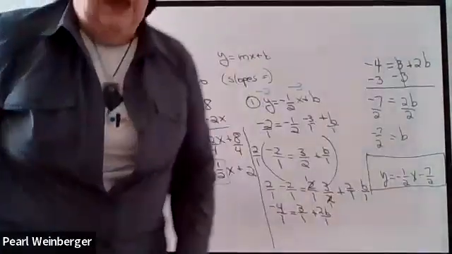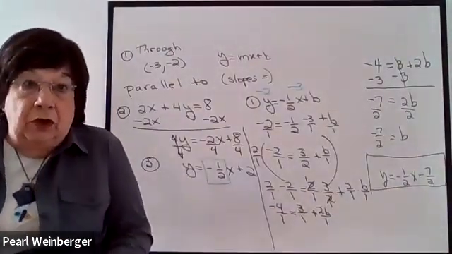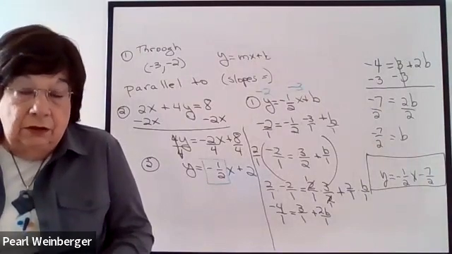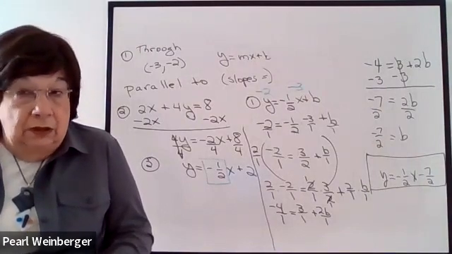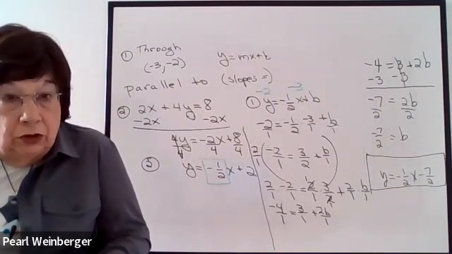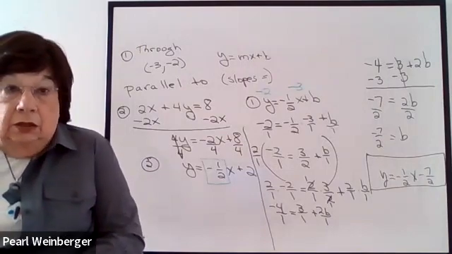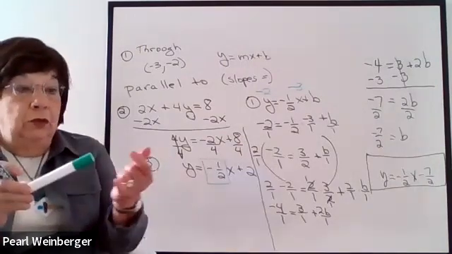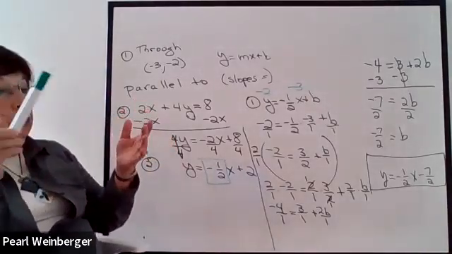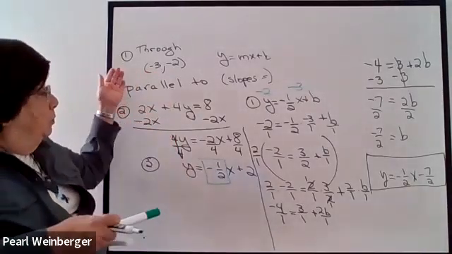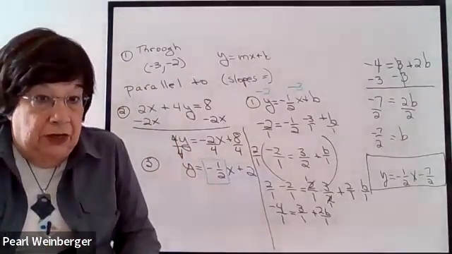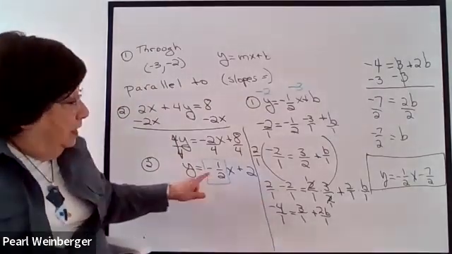Let me just give you a hint in terms of when you have these type of problems on a multiple choice test. It won't always work this way. But if they tell you to write the equation of a line, and they give you choices where one slope is 4, one slope is 2, one slope is 7, and one slope is -0.5, you're going to know the only possible answer would be the one whose slope is -0.5.